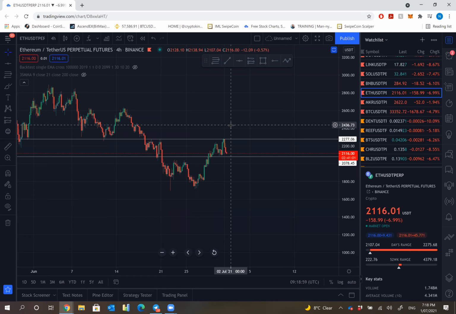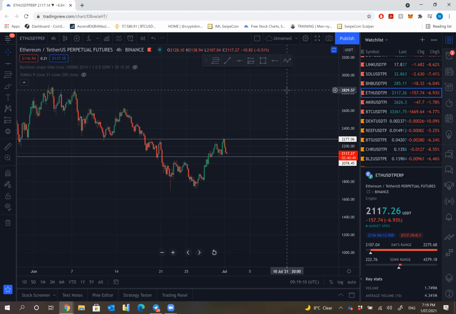Bitcoin's the one that dictates the market. So I want to know what's happening with Bitcoin, where possible support and resistance lines could be, so that I don't have to rechart that every single day. I want to have Bitcoin charted so that I know, okay, does it look like Bitcoin's going to go up, or does it look like Bitcoin's going to go down?